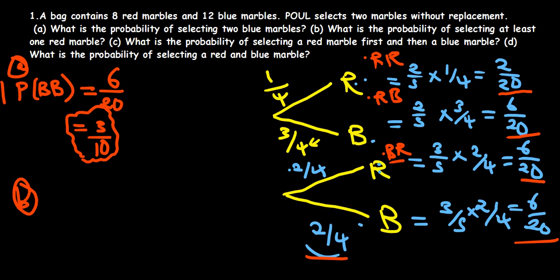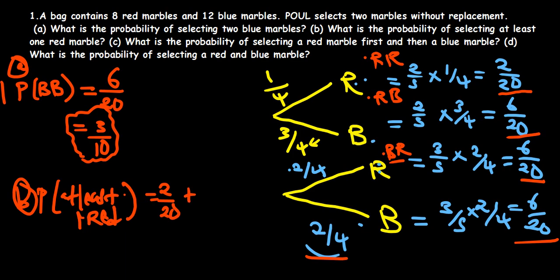So let's add. So the probability of at least one red is just going to be equals to the probability of getting both marbles as red, which will be 2 over 20, plus the probability of getting, on your first try you get a red and then a blue one, so it will be 6 over 20, plus the probability of getting a blue and then a red one, then it will be 6 over 20 again.